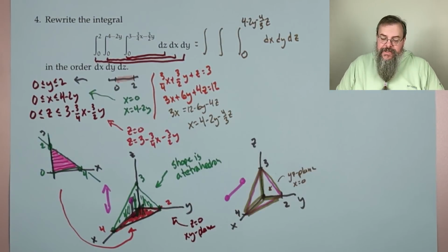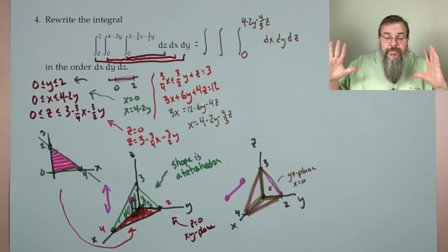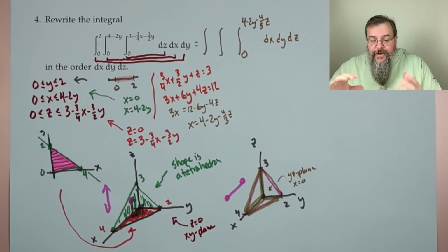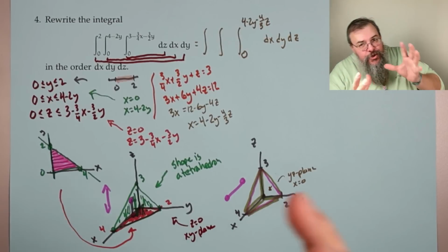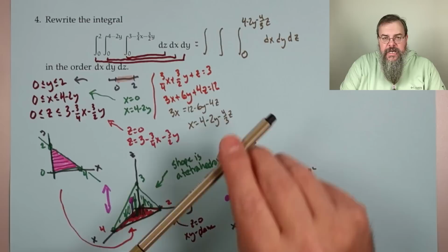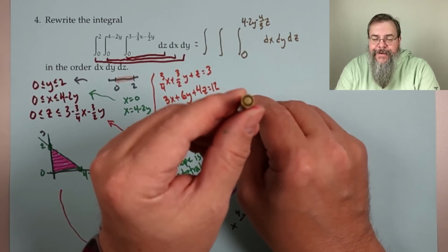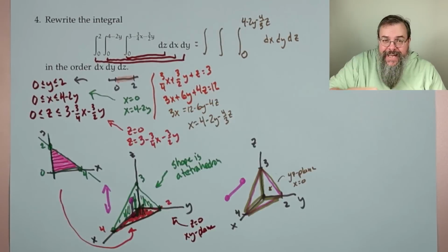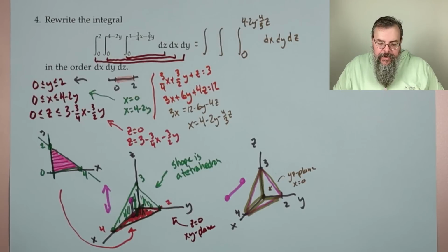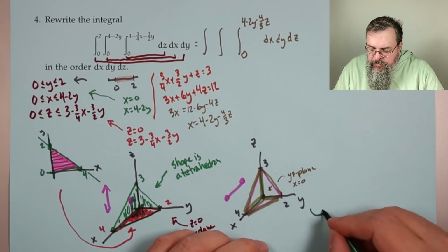For our next layer, since we've handled x, let's shift our focus. We're going to turn. Currently our x looks like this, and we're going to move it so it looks like that. In other words, we're looking down the x-axis. And if we look down the x-axis, what do we see?